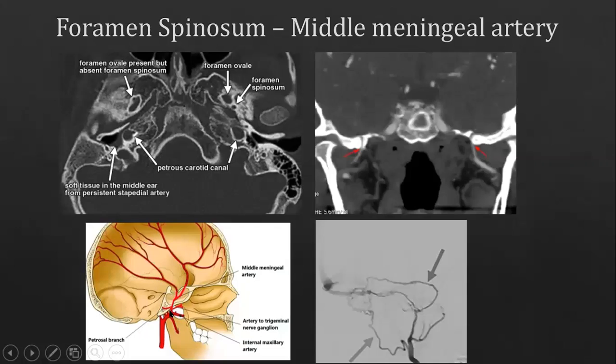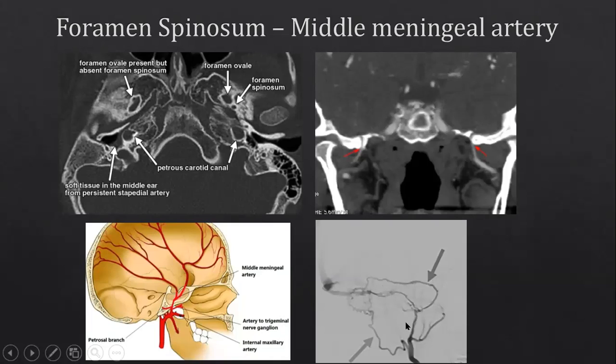But coming back to the anatomy of the foramen spinosum, over here we can see that, and this is a lateral angiogram. This is the middle meningeal artery which has been injected. The injection is somewhere here, and these are the branches of the middle meningeal artery. The foramen spinosum is substantially enlarged at that level, and this is a person who has a fistula, with all the branches of the middle meningeal artery converging posteriorly along the lateral transverse sinus.